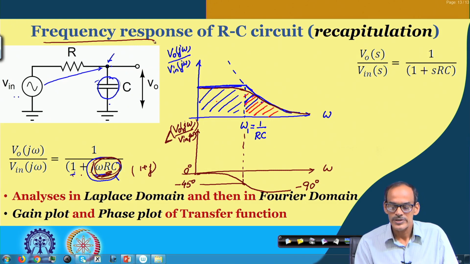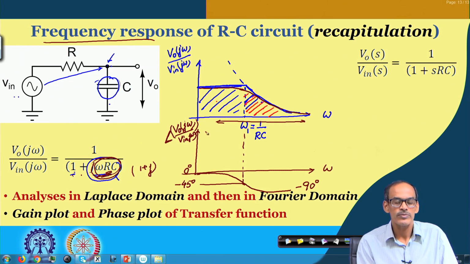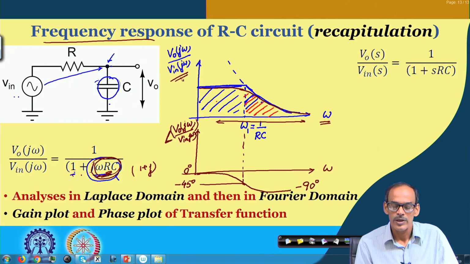Now, similar to the previous case, since we would like to see the behavior of the frequency response over a wide range of frequency, we need to change this scale into logarithmic form, and the magnitude also in logarithmic form. So, whatever we get is the Bode plot.